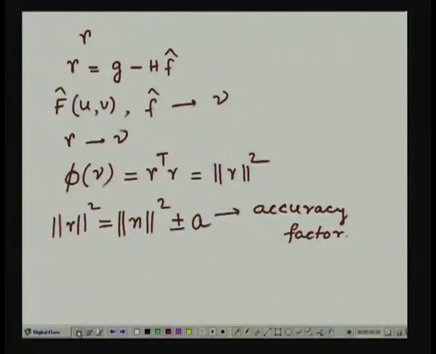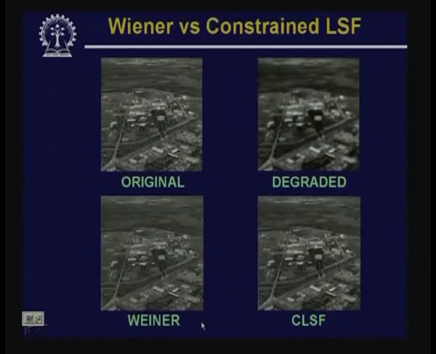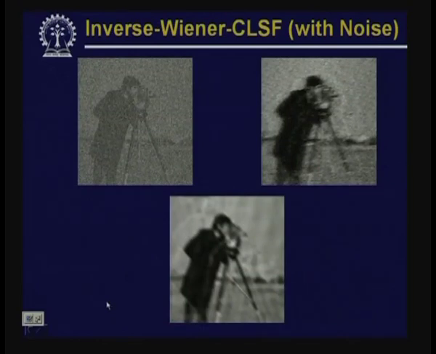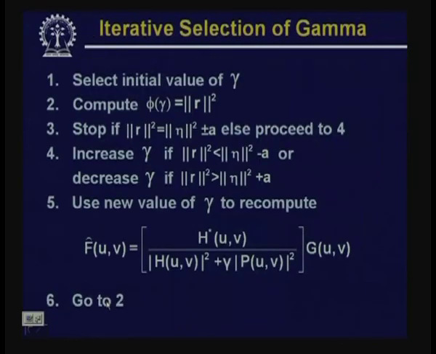Now, given this background, an iterative algorithm for estimation of the value of gamma can be put like this. You select an initial value of gamma, then compute phi of gamma, which is the Euclidean norm of R. Then you terminate the algorithm if R square is equal to eta square plus minus a.